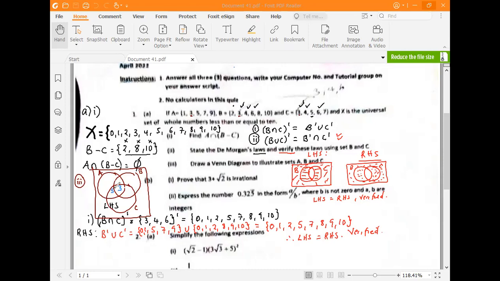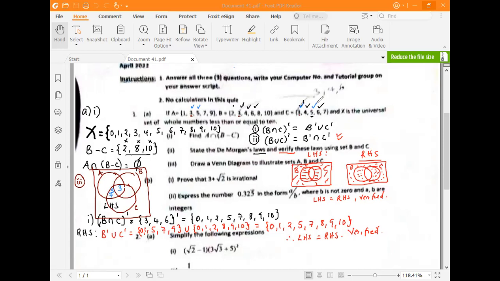And then we have 7 in both. That's all. So we just have 5 and 7 there. Let's see B and C. So 3 is gone, 5 is gone for A, okay?